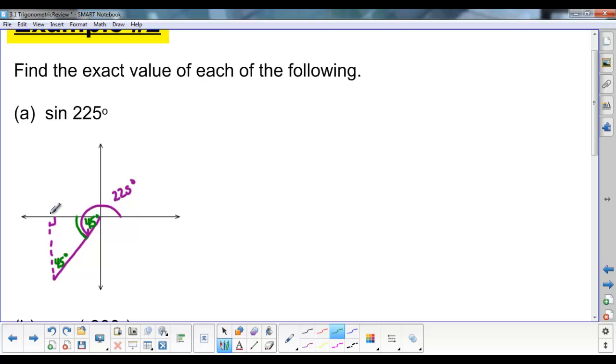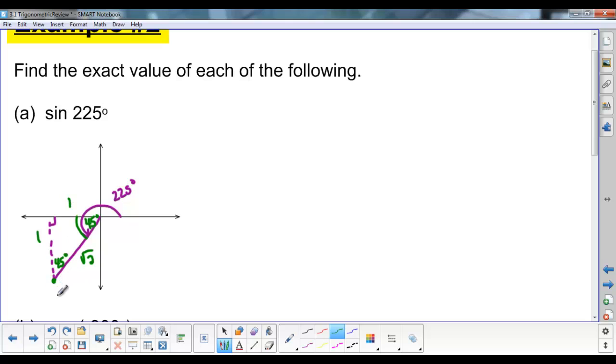Now, in a special triangle with 45, 45, 90, I know that the legs of the triangle are going to be 1 and 1, and the hypotenuse is going to be square root 2. Now, the way I like to label these diagrams is I like to put the signs of the values. So, for example, the r value, like I said before, is always going to be positive. However, this value here represents my x value.